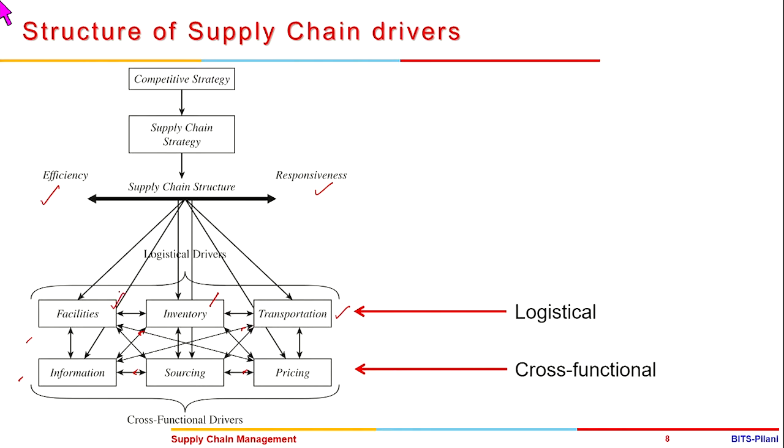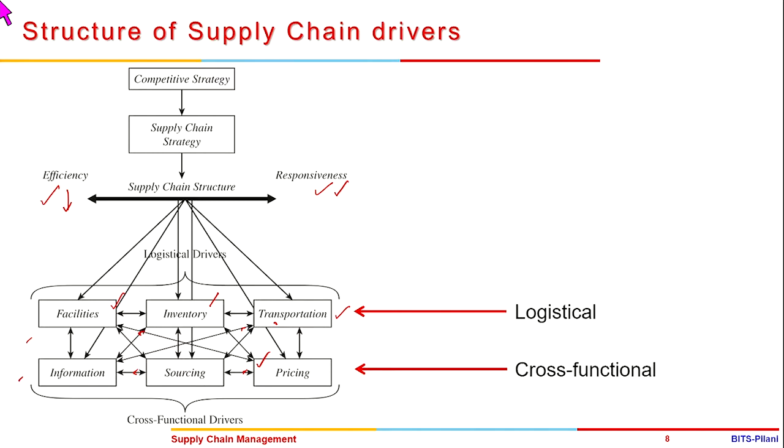Your facilities need not have higher capacity, and they need not be located close by. And if your inventory is high, it also affects your pricing, because you may have to give discounts to reduce the inventory. In the same way, other drivers like transportation also affect efficiency. If you use faster transportation, it is going to improve your responsiveness, but it is going to reduce your efficiency because it is going to cost more.